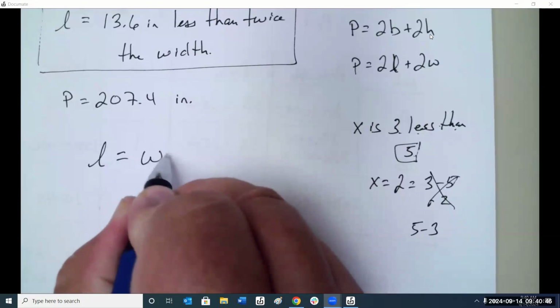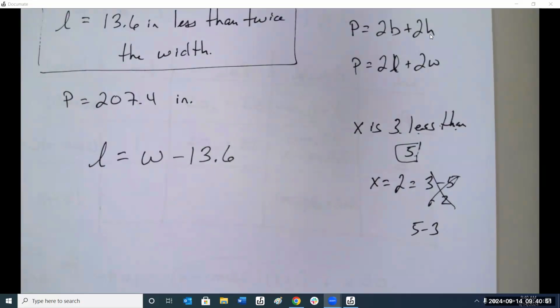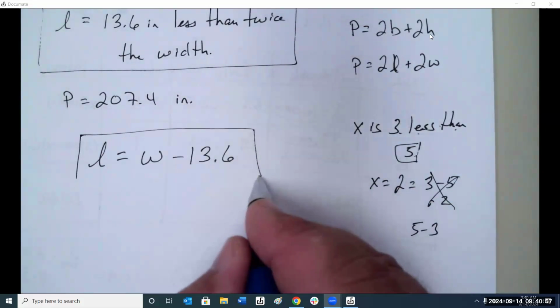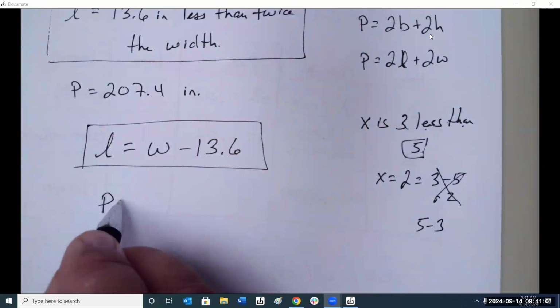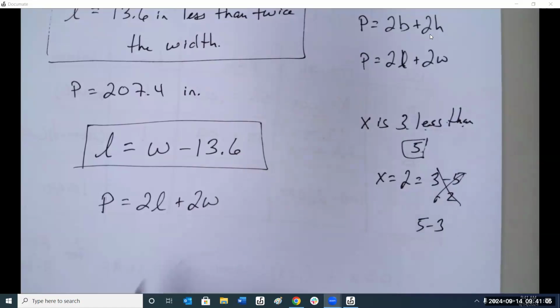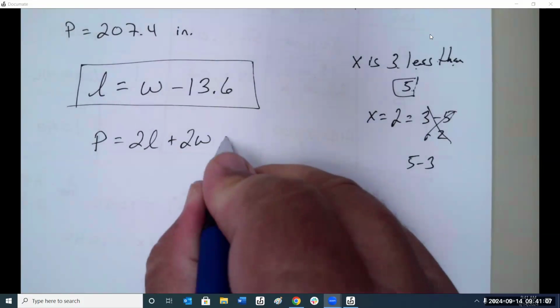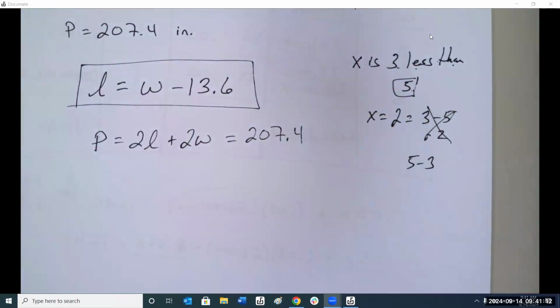So it's the width minus 13.6. So now we have the relationship between the length and the width. The perimeter, which is 2 length plus 2W, equals 207.4.